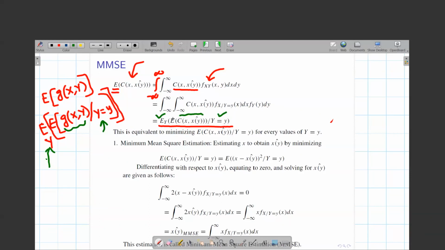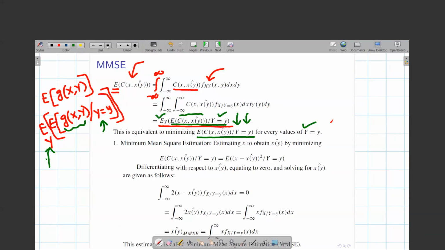Now, our requirement is to minimize this. To do that, we minimize the inner part for every value of y. If I minimize this inner part for every value of y, then automatically the total expectation, the average, is minimized.